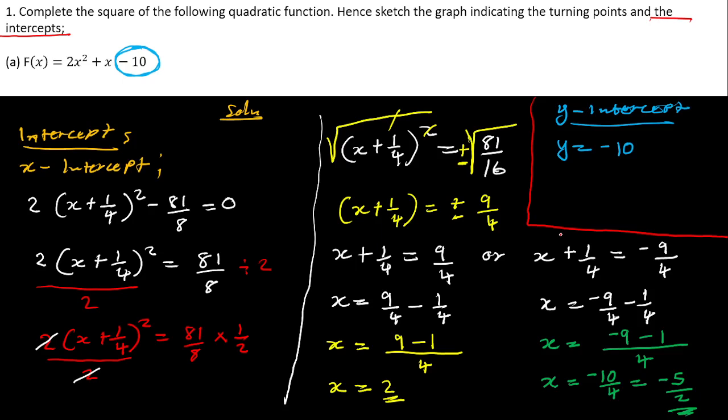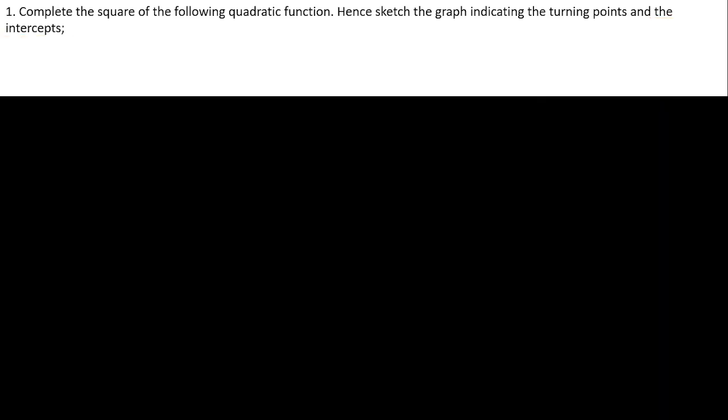The graph. So how can you easily sketch the graph? So remember, you have the y-intercept, you have the x-intercept, and you also have the what? The turning points. Okay, so after you do that, what you just have to do is to just simply now work on the graph. So here's how your graph will be.